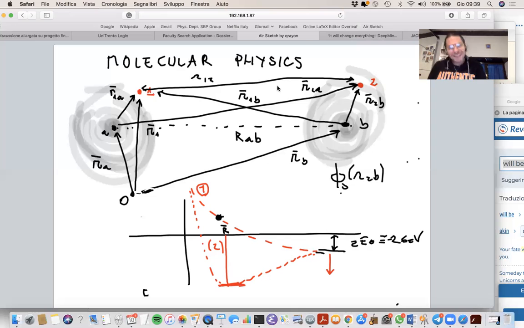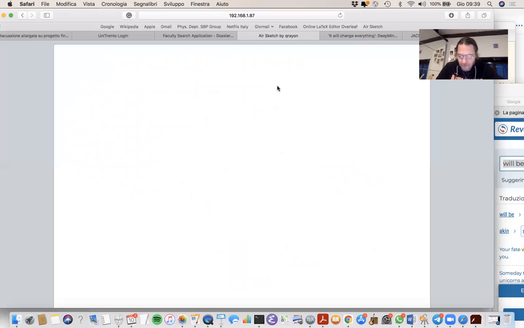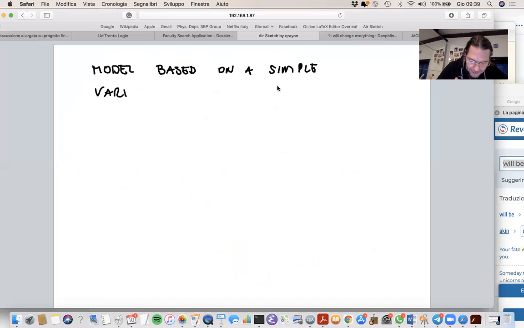Okay, so how do we find out? Well, we need to make a model, and we will use a model based on a simple variational, I would say variationally inspired.